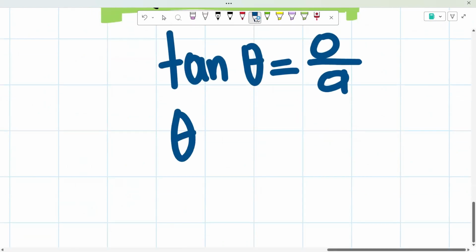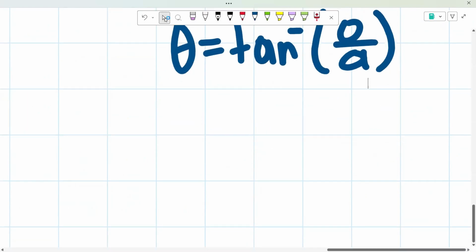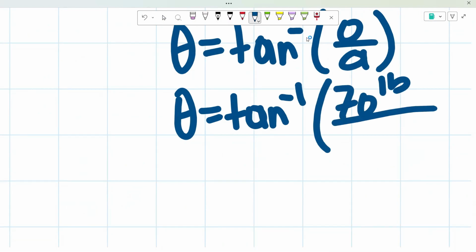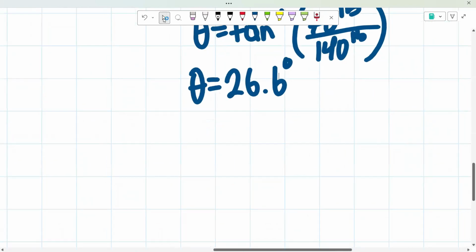So that means that theta is equal to the tangent inverse of the opposite side over the adjacent side, which just means that theta is equal to the tangent inverse of the opposite side, which was 70 pounds, over the adjacent side, which was 140 pounds. So that means that theta is equal to 26.6 degrees. But remember, that's not our complete answer.